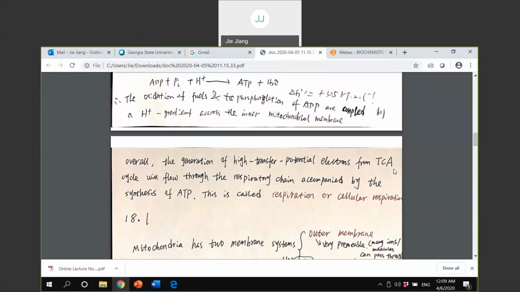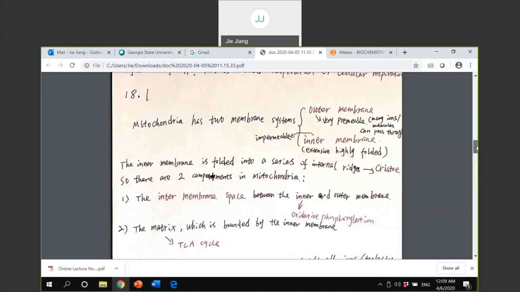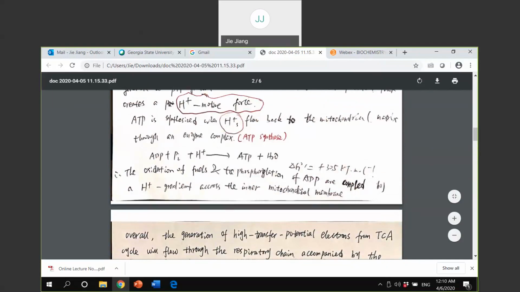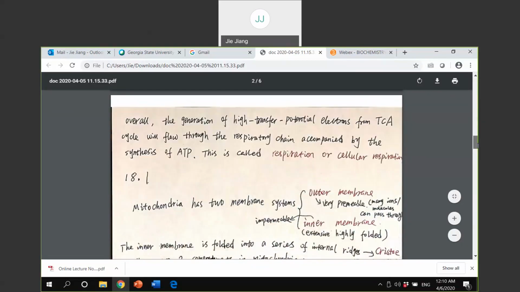So now we ask, how can NADH and FADH2 generate ATP? This is the big picture of the ETC coupled with ATP synthesis, or how ATP is regenerated from ADP, and why we have to know what happens in oxidative phosphorylation, the electron transport chain.